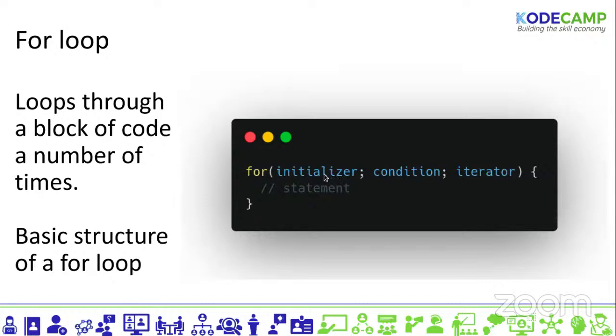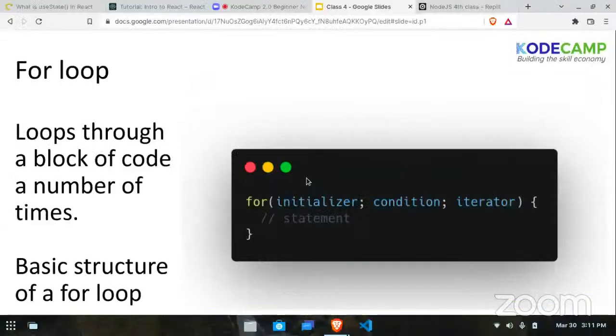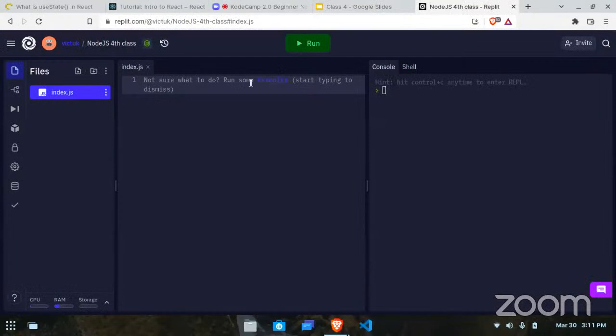So if this was i plus 2, for example, and this is 0, when the loop runs the first time, the second time the value of this initializer is going to be 2 instead of 0. Then if we run it again, it's going to be 4. So let me show you how that works.